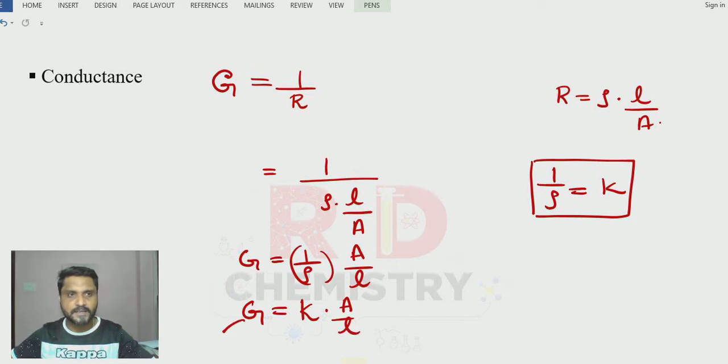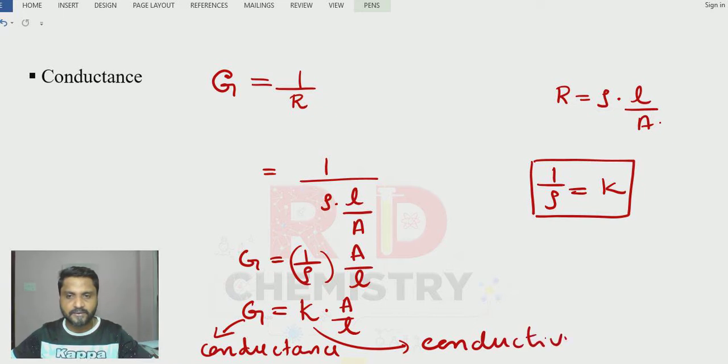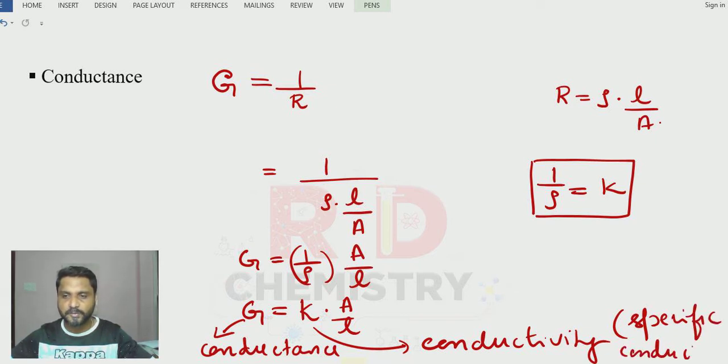So what is G? G is the conductance here, and K is the conductivity, also called the specific conductance. A is the area, and L is the length of the wire or the solution, right?